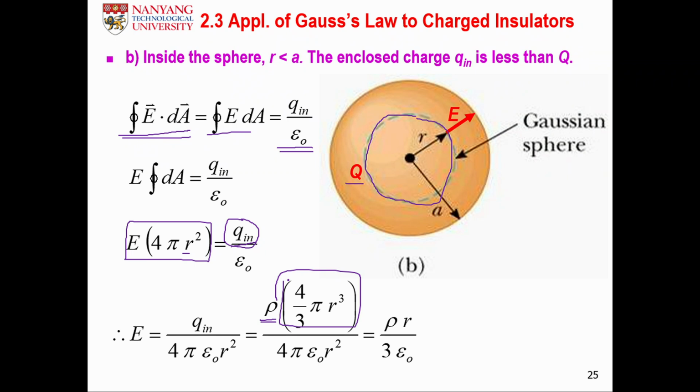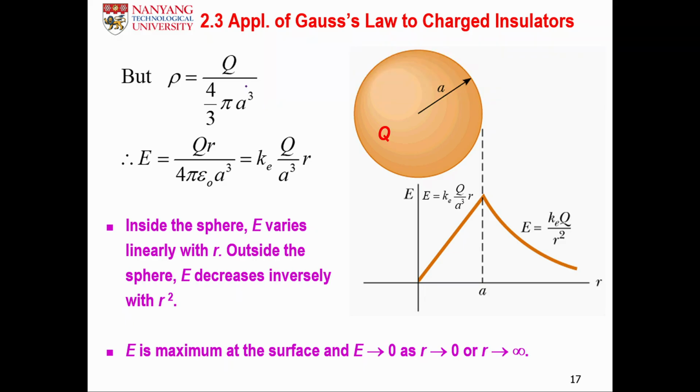Again, density times the volume. And you can find out this electrical field E in this way in terms of the density and the radius. And of course, you can also write down this density in terms of the total charge, capital Q. Right? So this is how we can, again, determine the electrical field E specifically based on Gauss's law.